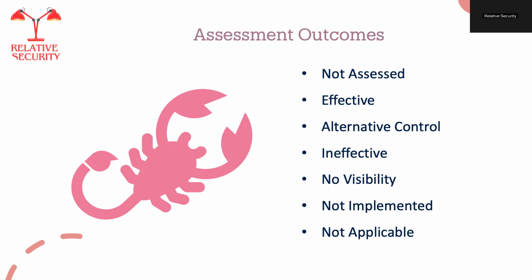I hope you understand the need of this assessment guide and the need of understanding what the assessment outcome is, what were the evidence qualities that we need to keep in mind when we are preparing ourselves or when we are implementing Essential 8.